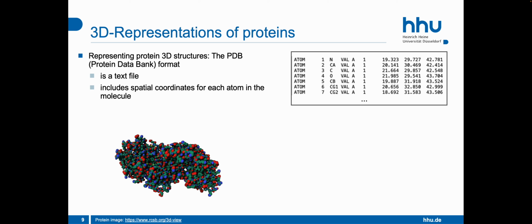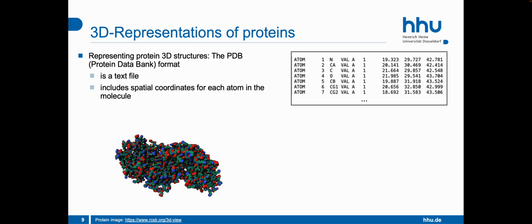We can store this 3D structure using PDB files. PDB files are also text-based files that contain the 3D coordinates of all the atoms in the protein. In this example, you can see that valine is the first amino acid of the protein in the protein amino acid sequence, and you can see that all the coordinates of the atoms in the valine amino acid are stored. And we do this for every one of the amino acids in your whole sequence.